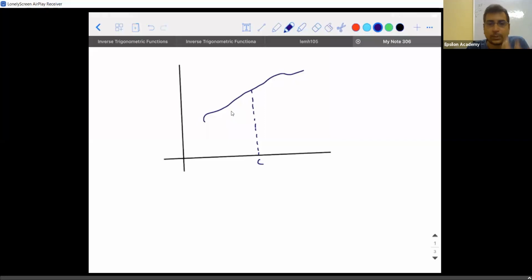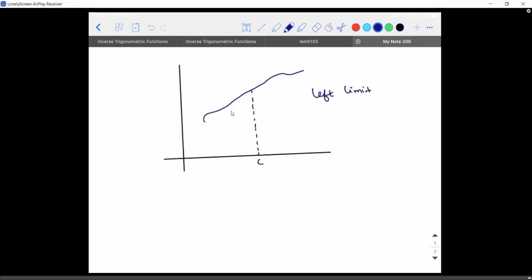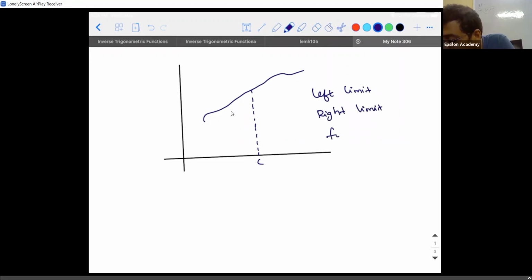With respect to that point, you will have something called the left limit, the right limit, and a function value. What do you mean by function value? If this coordinate is c comma 0, and the function is y is equal to f of x, then what will be the coordinate of this point?